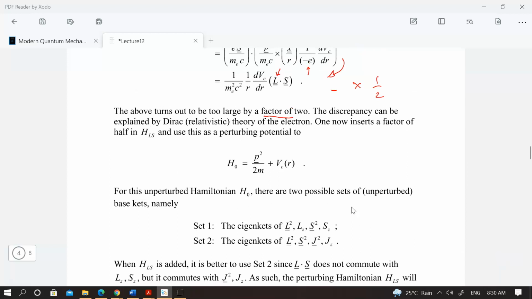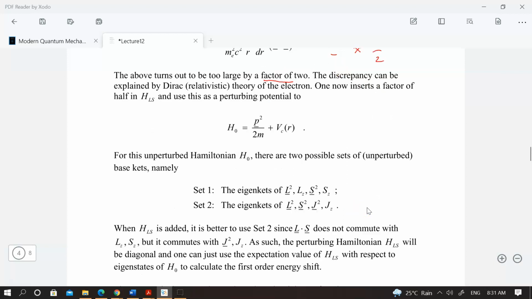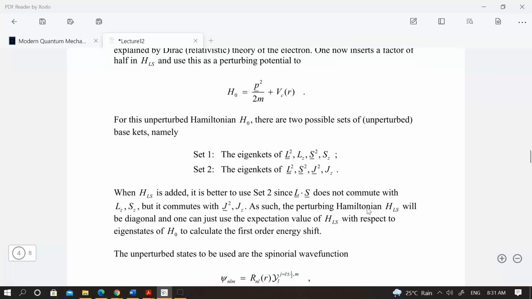So in other words, whatever eigenstates we have over here, we have to consider together with the spin states. When you include spin states inside the unperturbed Hamiltonian, there are two possibilities for the set of unperturbed states.